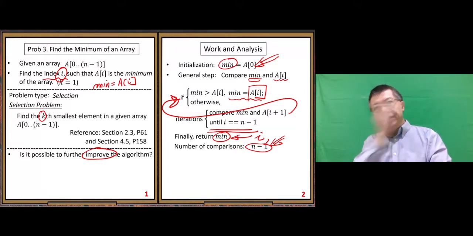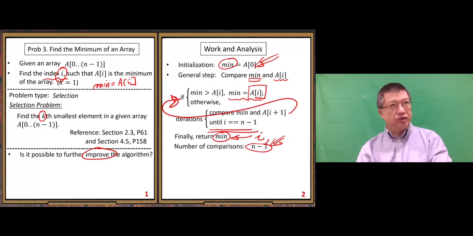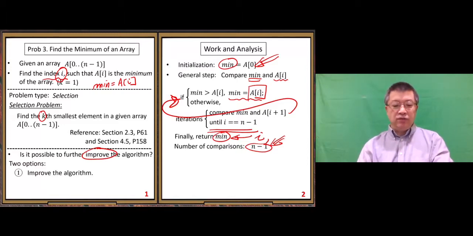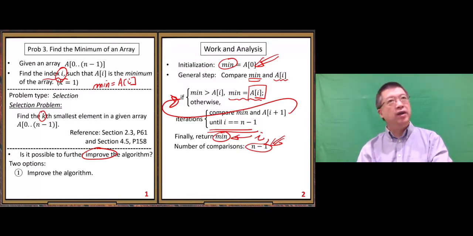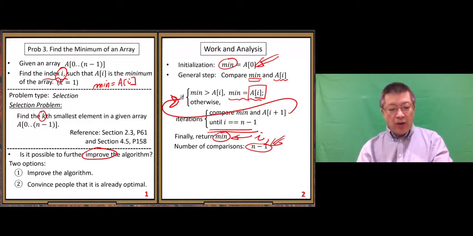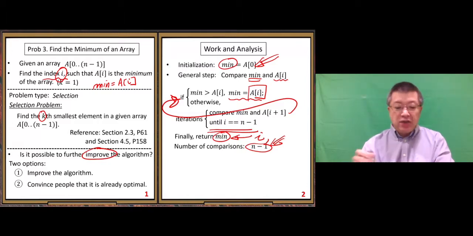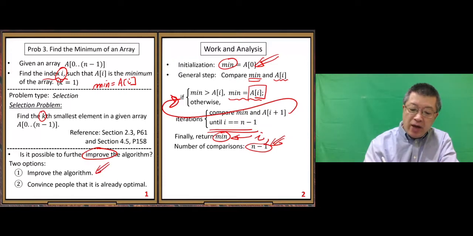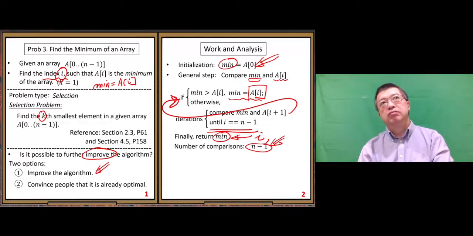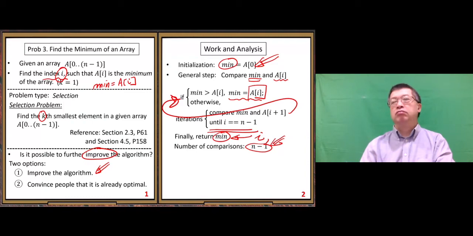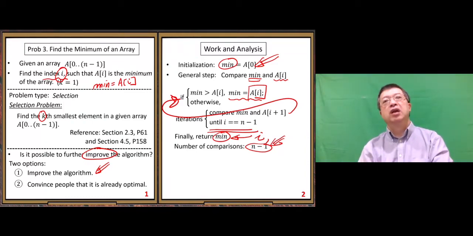Usually for a question like this, we have two options in our decisions. The first option, we improve the algorithm. Try our best to improve the algorithm. The second way, because with the first way, if you try many, many times, you may not be successful. In that situation, you need to consider the second option.